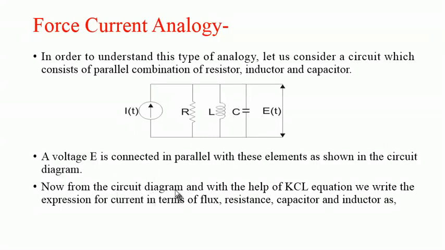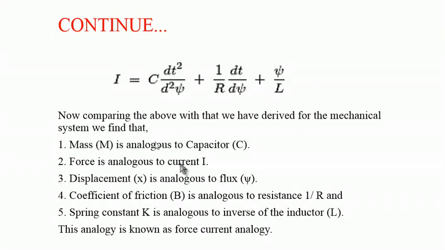Now from the circuit diagram, with the help of KCL, Kirchhoff's current law, we have to write the differential equation for this force current analogy. We can write the expression for current in terms of flux, capacitance, resistance and inductance.